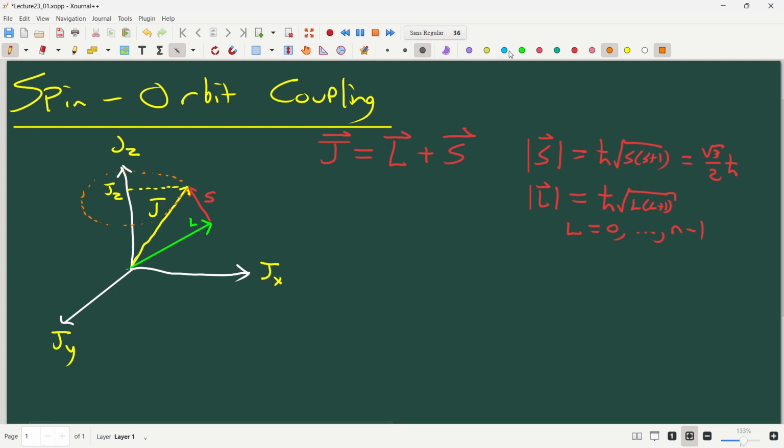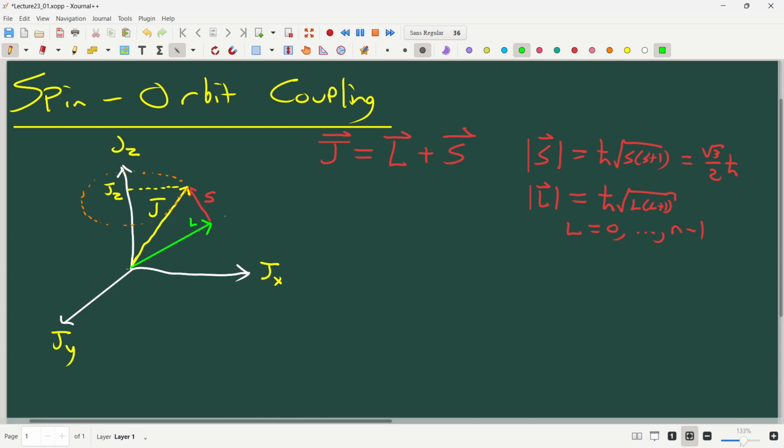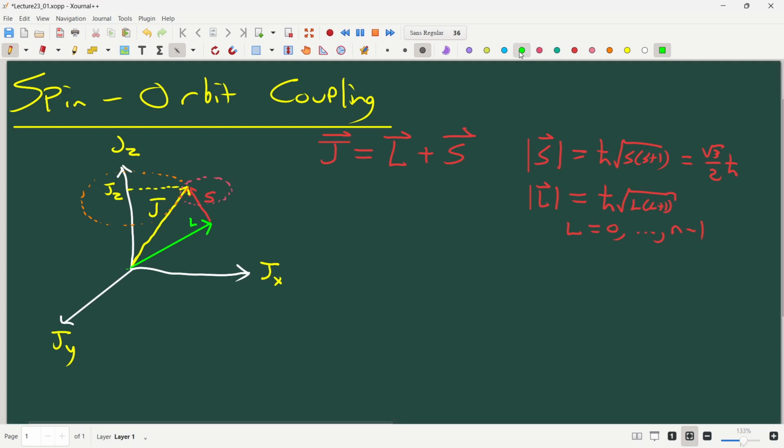Of course, L has that similar property as well, and so does S. Let's see if I can draw it. S also precesses around its axis, and L also precesses around its axis.